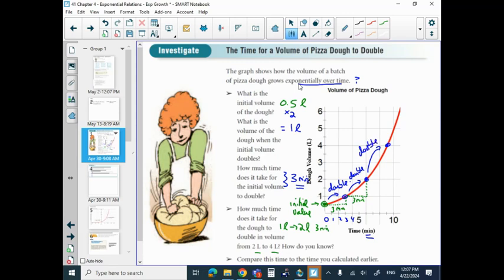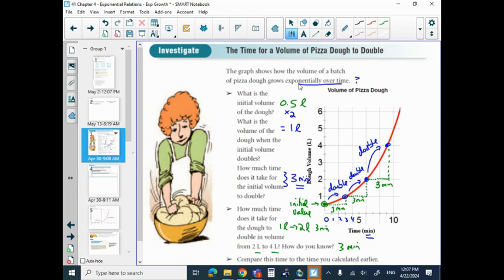Notice that the volume increasing in 3 minutes is not really constant, but it is doubling. That's kind of a consistent thing, right? So yeah, that's 3 minutes as well. How do you know?